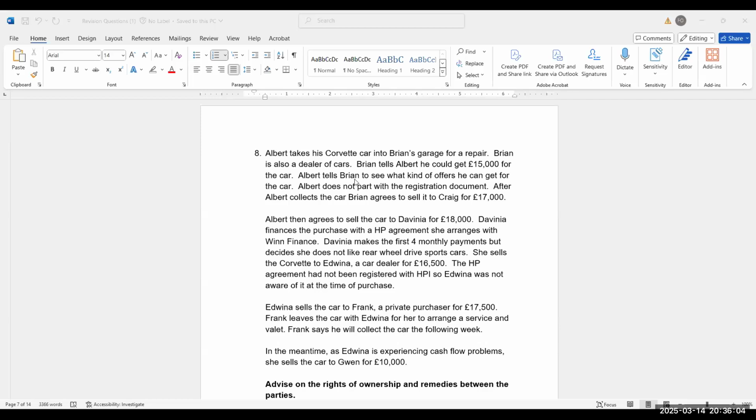So Edwina proceeds from being a dealer to become a seller in possession and is able to pass good title to Gwen, relying on Section 24 of the Act. So the basis upon which the seller retains possession is irrelevant. The authority on that is specific motor unctions and manor credit.